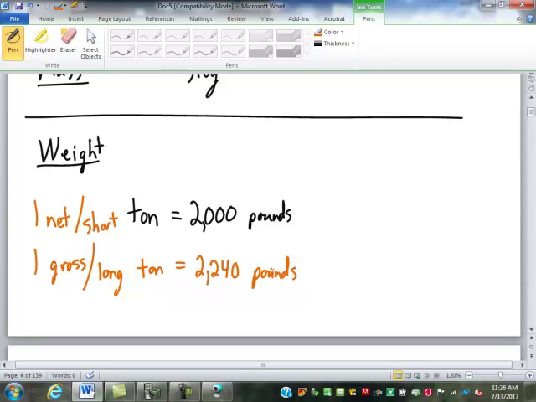Same thing here. A ton was originally used for measuring, buying and selling grain. Well, you go to stack a ton on a scale, it doesn't stay on the scale. It falls off the edges. You have to have it in a container. So the container that held a ton of grain was about 240 pounds. So the gross ton was the grain with the container. The net ton was the actual amount of grain that you got.